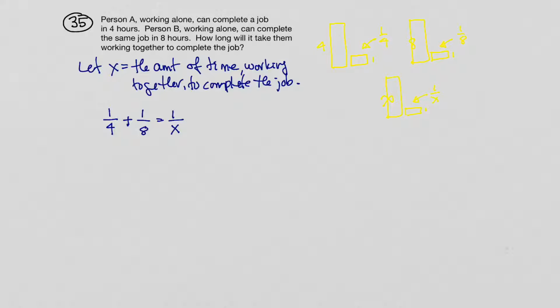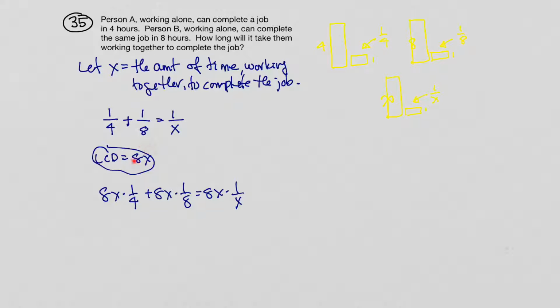We can solve this. Here's the LCD. In this case, the LCD is 8x. Multiply every single term up here by 8x. So I'm going to put the 8x here, the 8x here, and the 8x here. Doing so will give us 8x times 1/4 plus 8x times 1/8 equals 8x times 1/x.